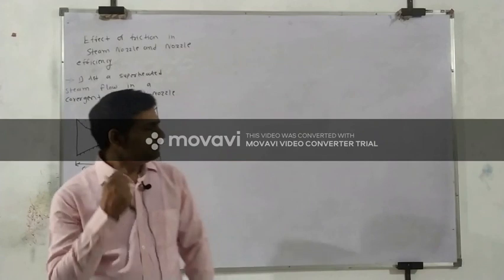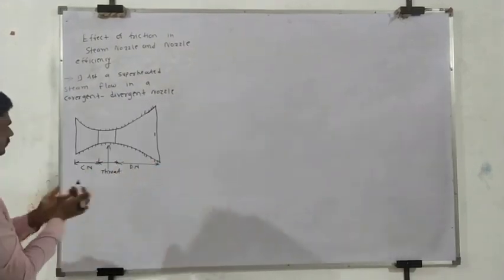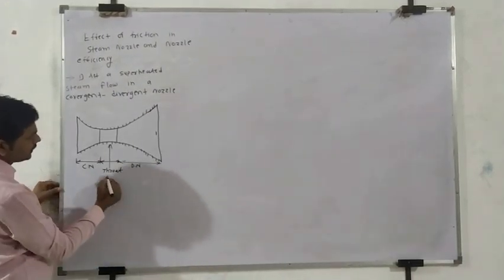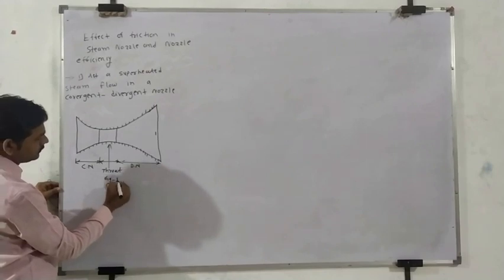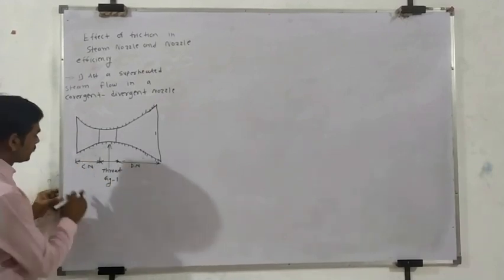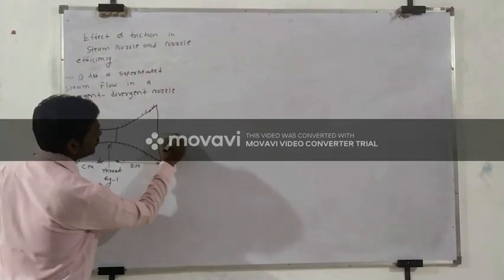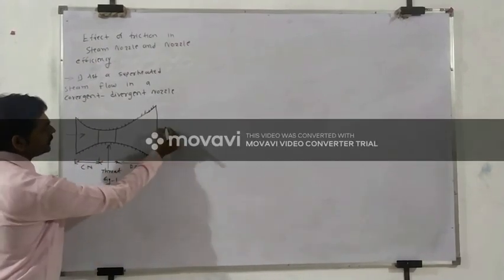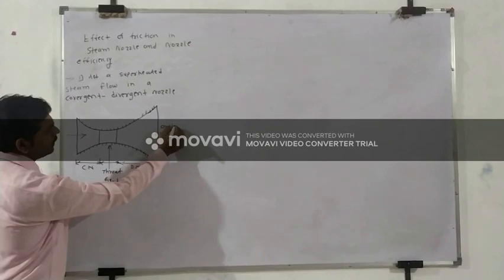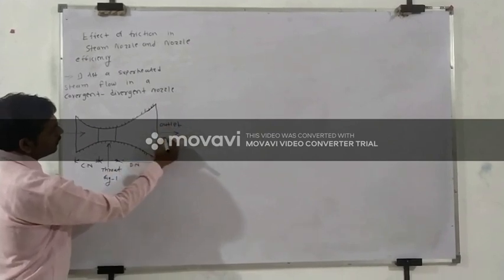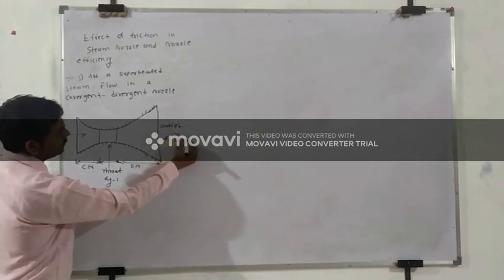Okay. Then, this is figure number 1. This is the inlet of steam. This is the outlet of steam.